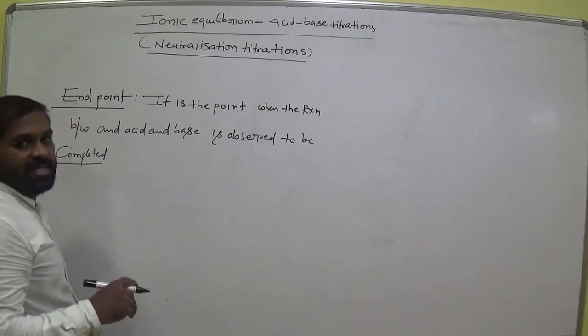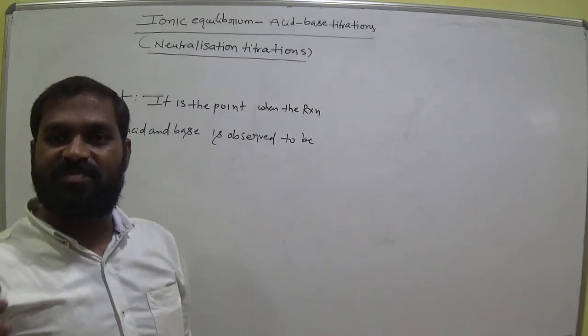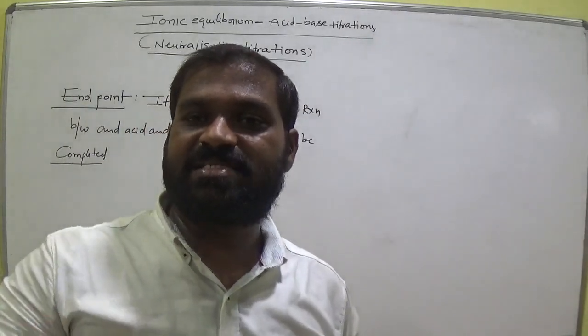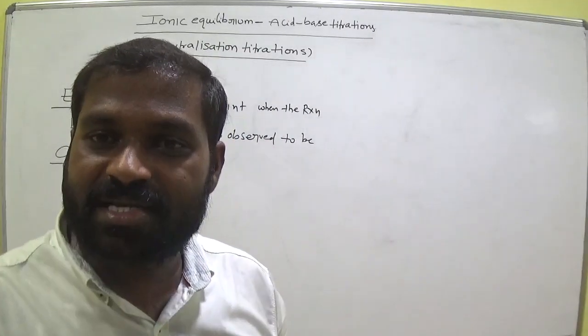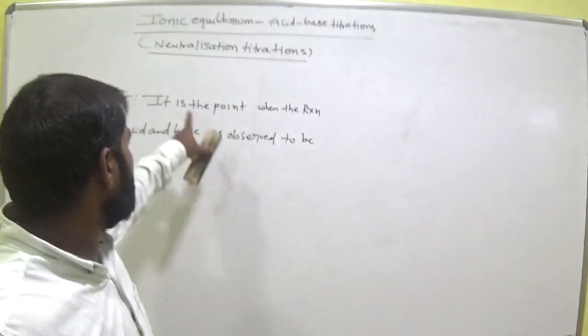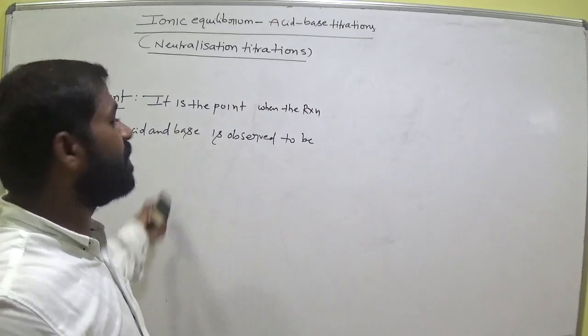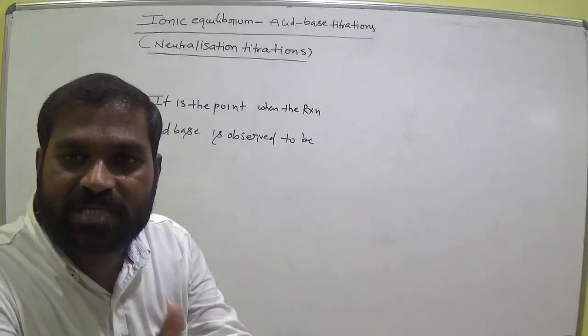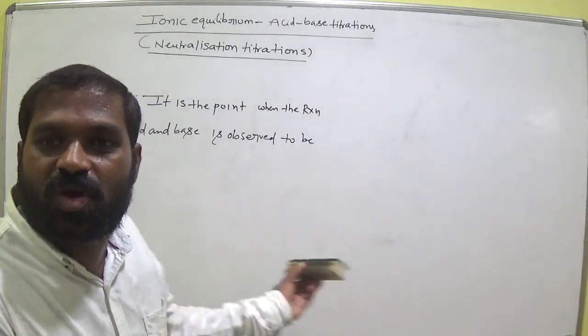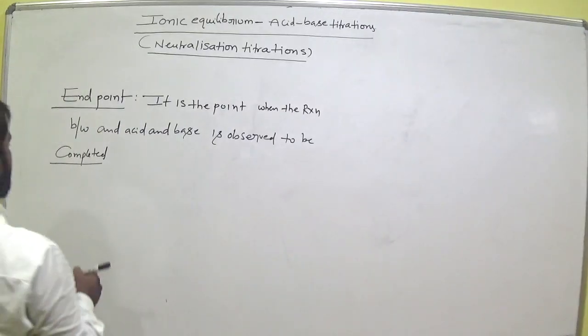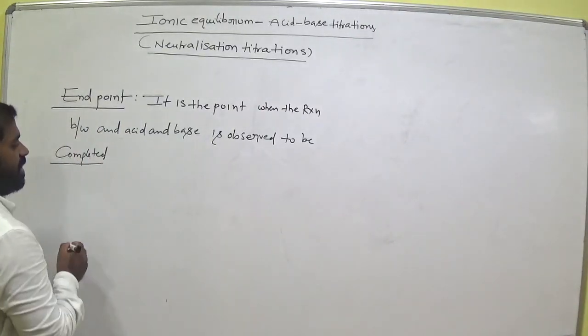Okay. So when the reaction between an acid and base is completed, that point is called the end point. Exactly at what point the reaction is completed, that point is called the end point. Okay, is it clear?